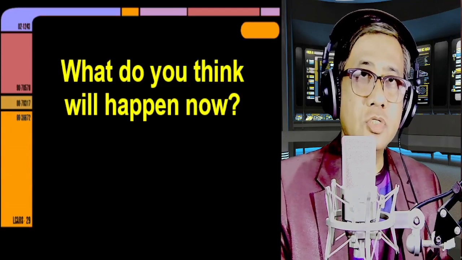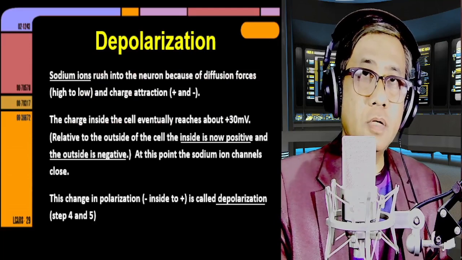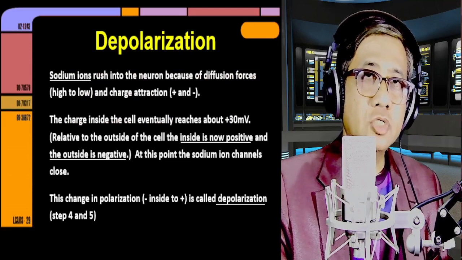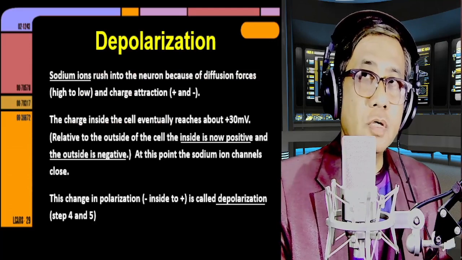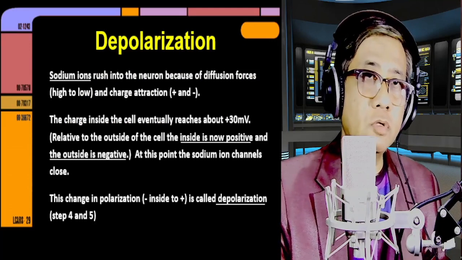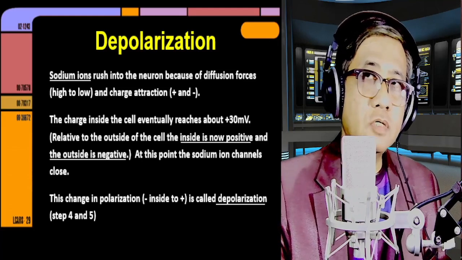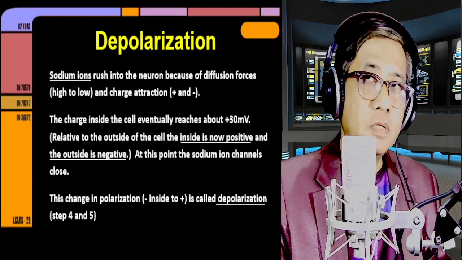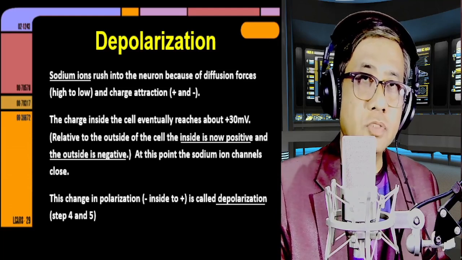Now, depolarization will occur. In depolarization, once the neuron gets stimulated, sodium ions rush into the neuron because of diffusion forces, wherein the sodium ions move from a region of high to low concentration. Once the neuron gets stimulated, it opens the sodium ion channels once the threshold is reached.